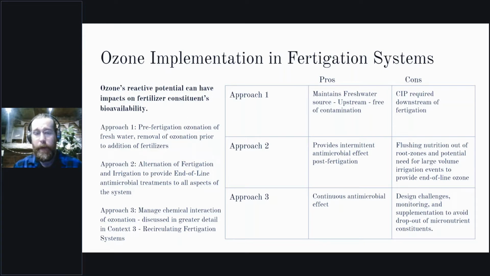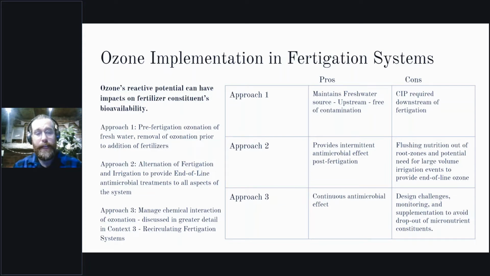But the irrigation versus fertigation events can flush nutrition out of your root zones. There's particular need to monitor your root zone ECs, and many operators working with rock wool, for instance, will implement these flushing of accumulated salts anyways. And so just thinking through the volumes that you need to deliver so that you've got the persistence at end of line to assist with this.